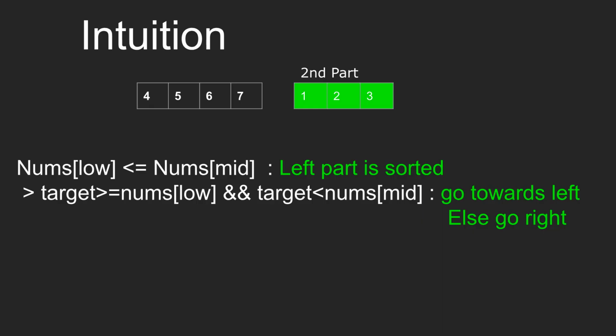Directly, the target should be greater than or equal to nums of low, because the left side is sorted, and the target should be less than nums of mid. If this condition is satisfied, we go left. Else, we move to the right.